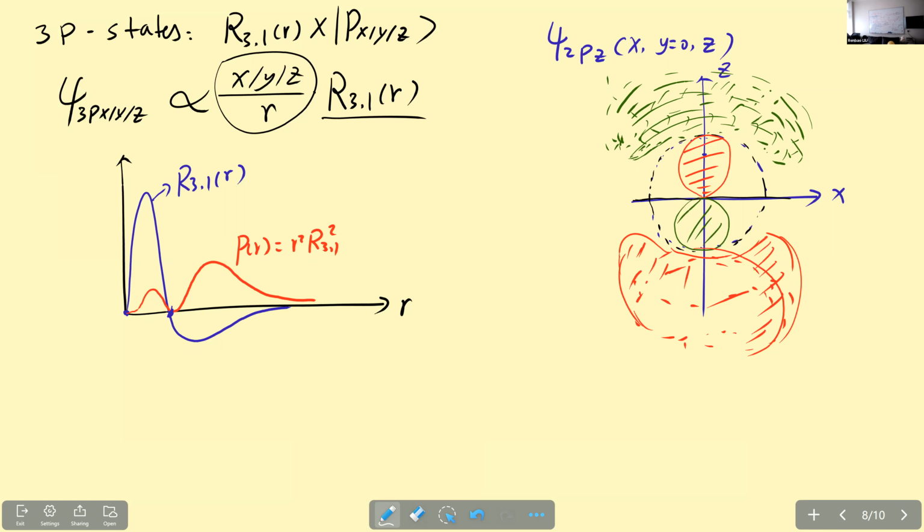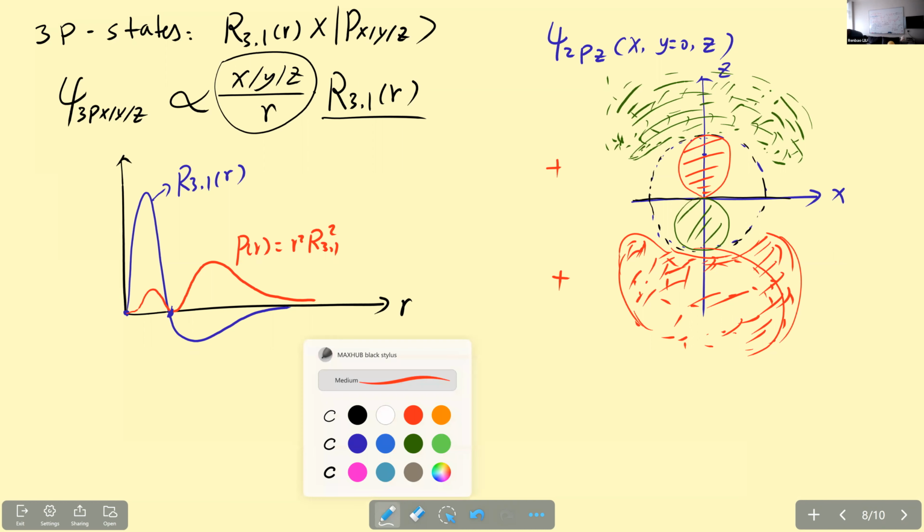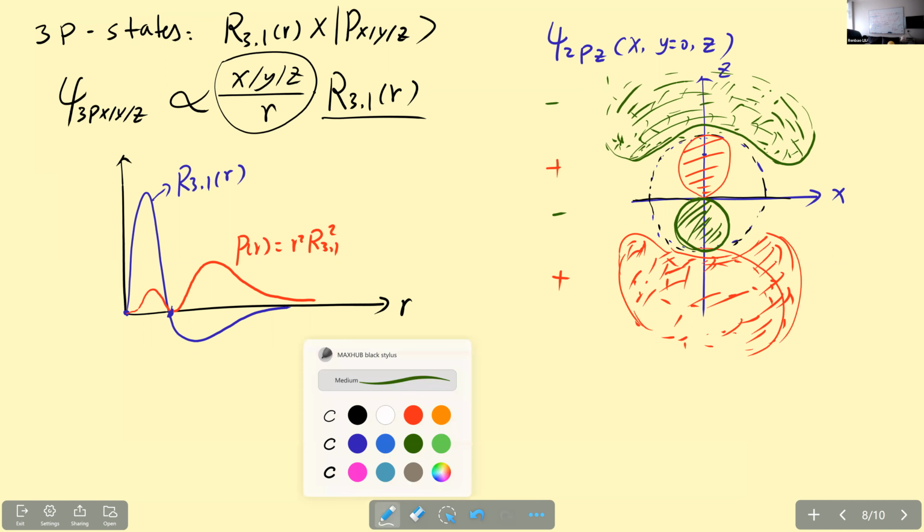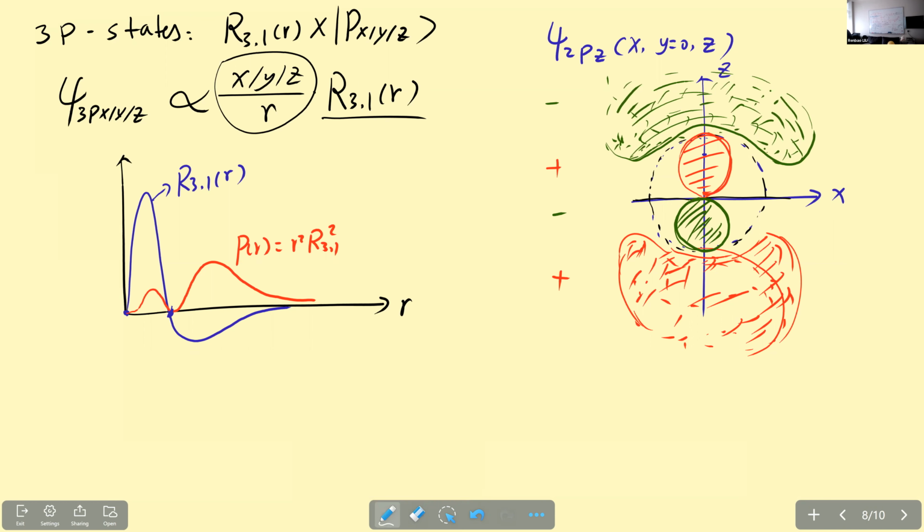It's anti-symmetric. So you can see that this is positive, this is positive, and this part is negative, and this is negative. That's the shape of this wave function. So that's the 2pz state.